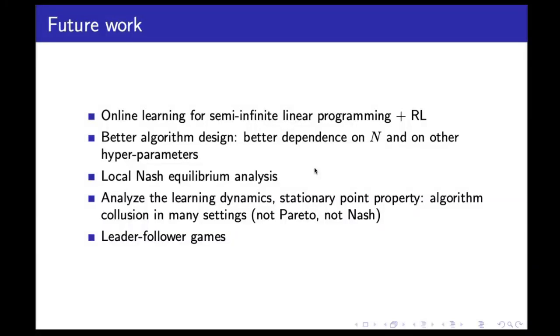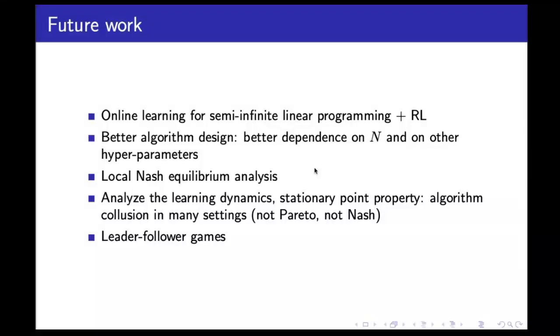That is quite interesting. Also, better algorithm designs, better dependence on the game parameters, and local Nash equilibrium analysis, because in some examples people care about local Nash equilibrium instead of the global one.